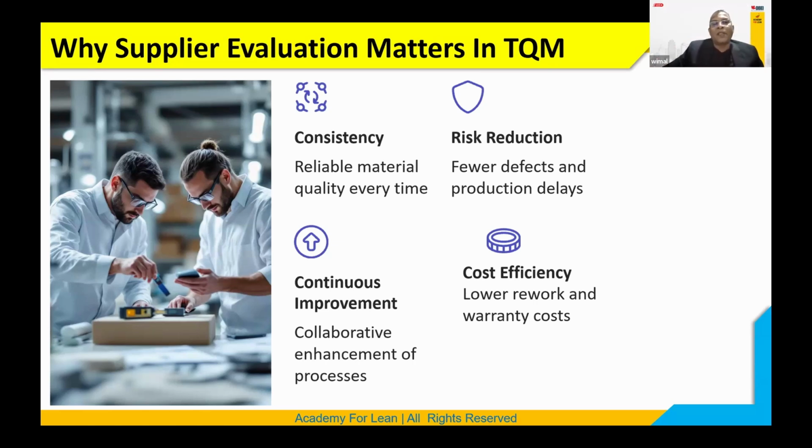Now you have to measure their real performance based on these criteria: quality, of course, reliability of quality and defects passing into production, continuous improvements, the collaboration, how they react, their feedback, their attitude, and the cost.